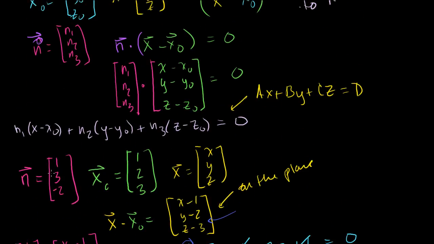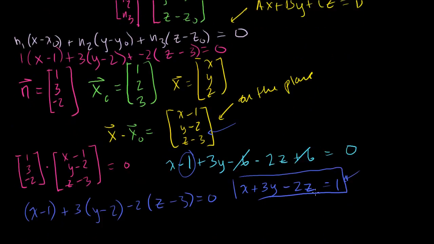You could have just said, n1 is 1 times x minus x naught, so x minus 1, plus n2, 3 times y minus 2, plus minus 2 times z minus 3 is equal to 0. And then if you just did a little bit of algebra, you would have gotten there.